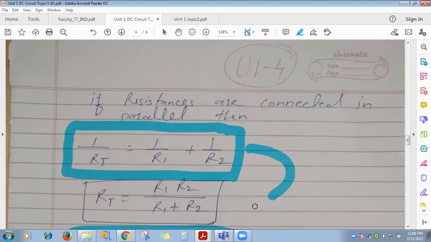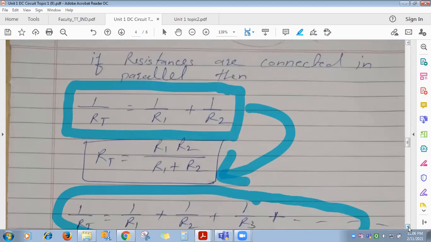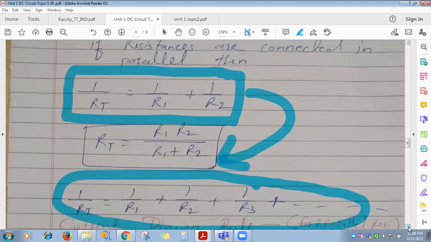If you simplify it, you will get R total is equal to R1 into R2 divided by R1 plus R2. You can use R suffix small eq for R equivalent; either you mention R total or R equivalent. So when the resistances are connected in parallel, to find the equivalent resistance, this is the formula you have to use. Clear?